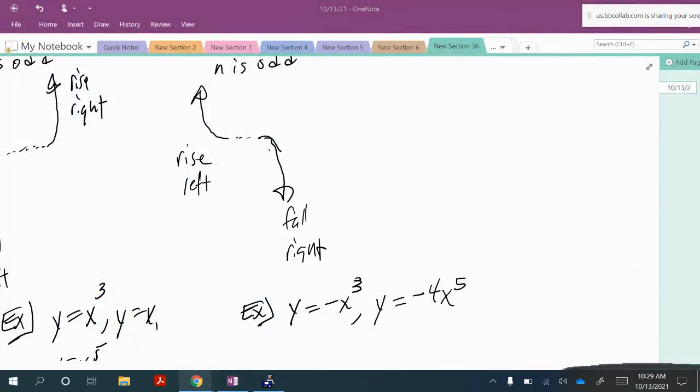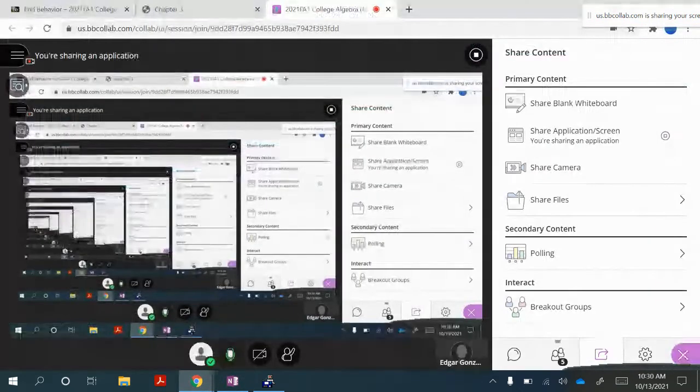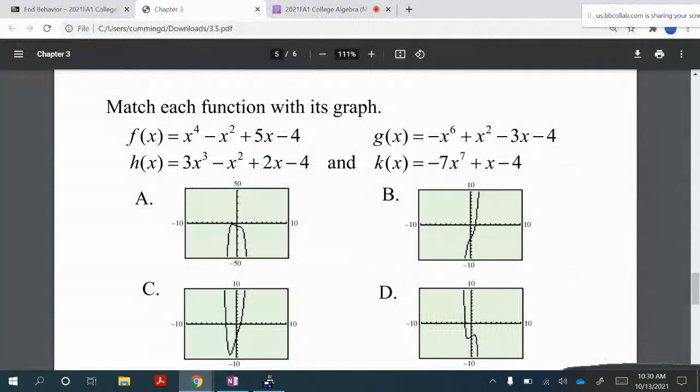All right, let's take a look at the solution. If we take a look at the f of x equation, the only thing we're concentrating on is that dominating term, right? So we're looking for the variable with the largest exponent.